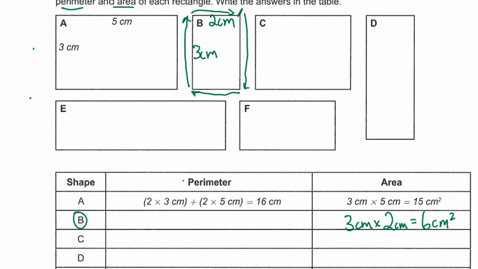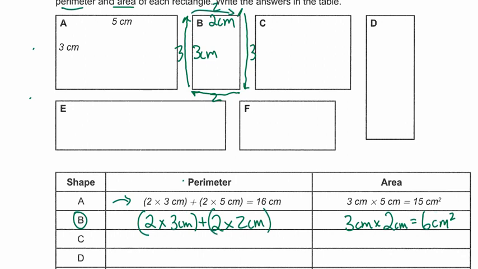So if this is going to be 3, this is going to be 2, this is going to be 3, this is going to be 2, I add 3 plus 2 plus 3 plus 2. Another way to think of it is what they've shown you down here: I've got 2 times my width, so I got 2 3-centimeter pieces, and I got 2 times my length, so I got 2 2-centimeter pieces.